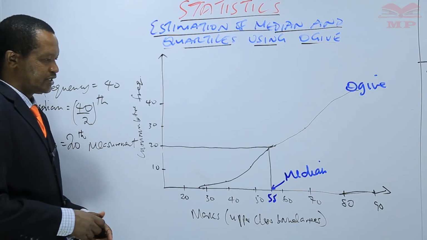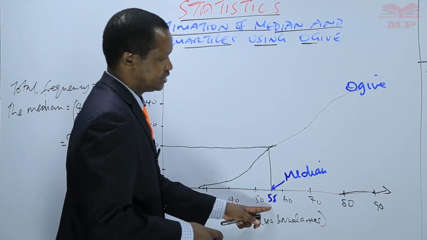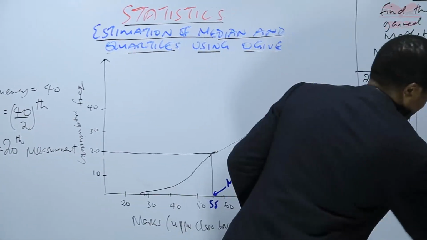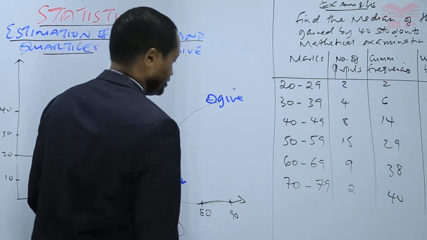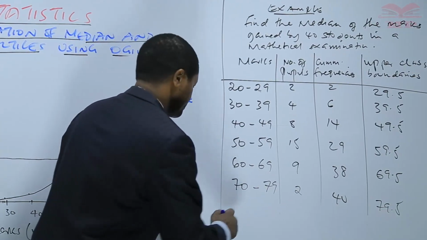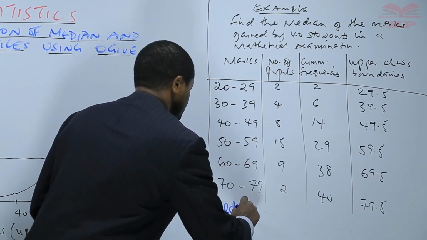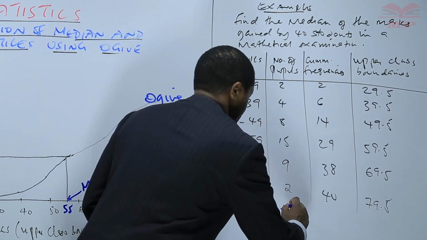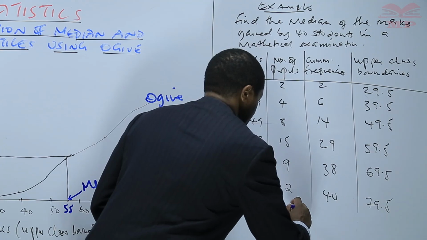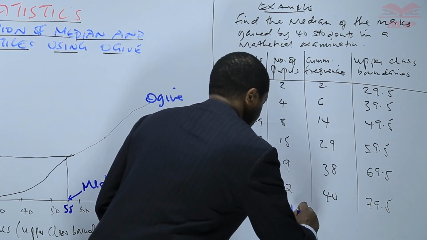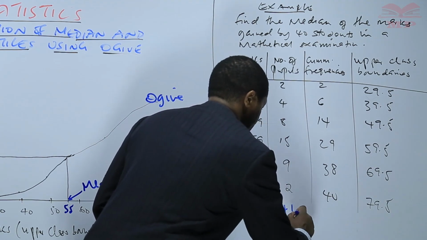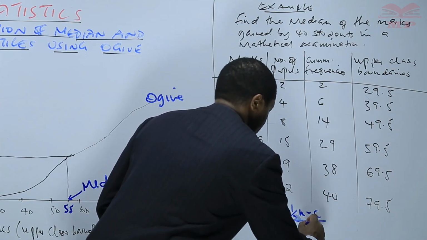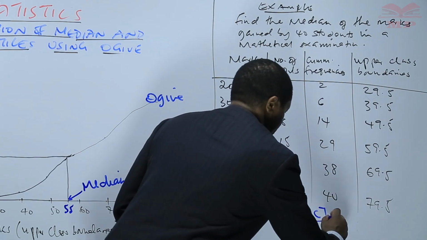Now let's compare this estimated median with the calculated median. Let's calculate the median. We know that the median using the formula is equal to L plus half n minus c over f times i.